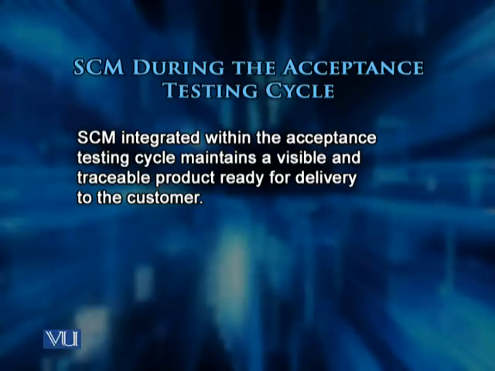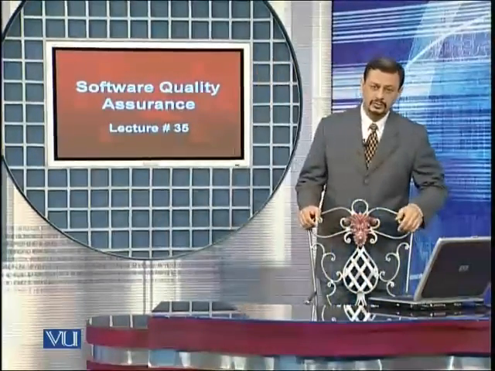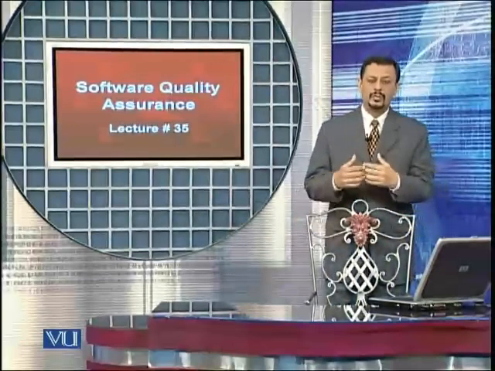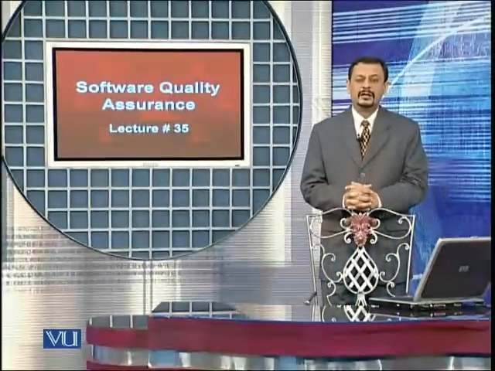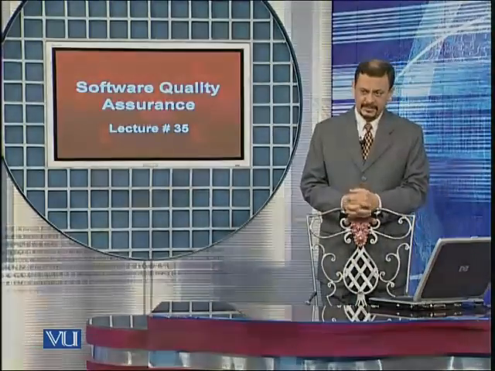SCM integrated within the acceptance testing cycle maintains a visible and traceable product ready for delivery to the customer. So SCM activities in testing play a very important role. And now we will discuss the role of each of these SCM functions in testing.